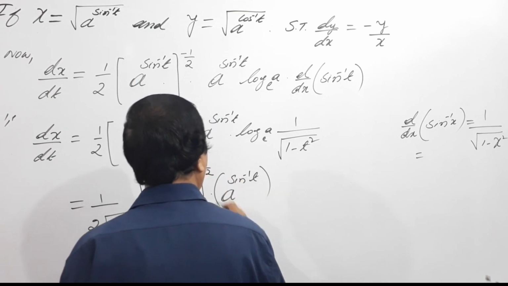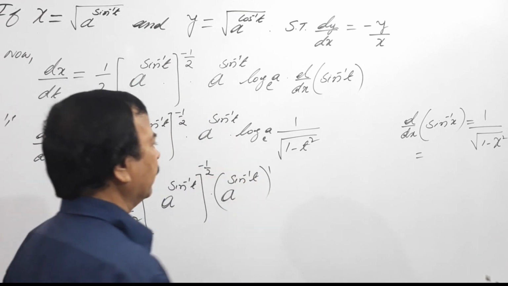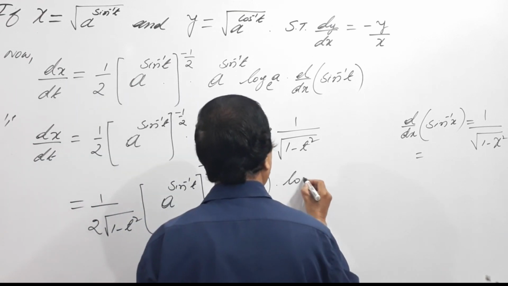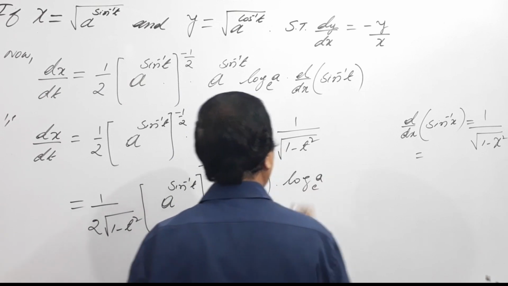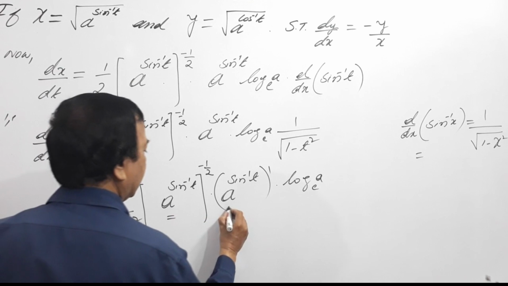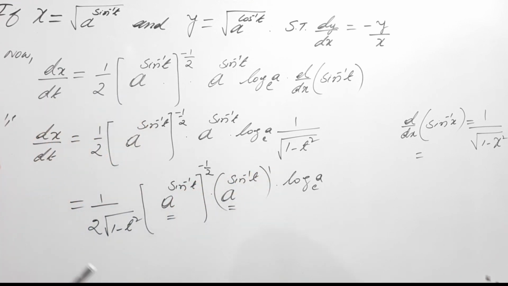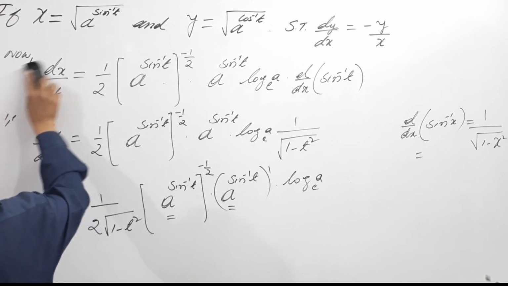I will write it to the power of 1, into log a to base c. Now here the bases are same. I will add the indices. Done. I will rub this.